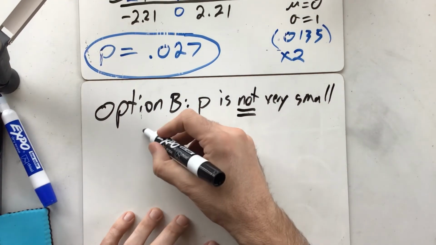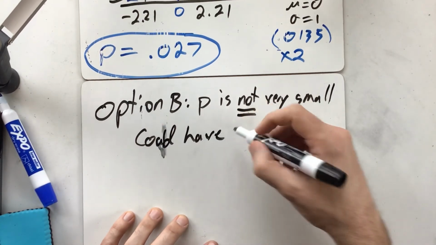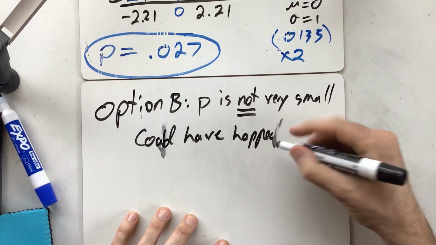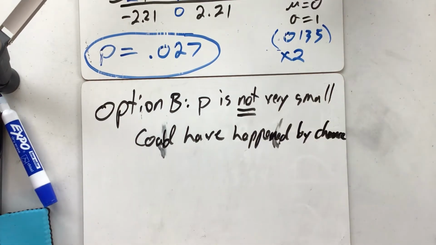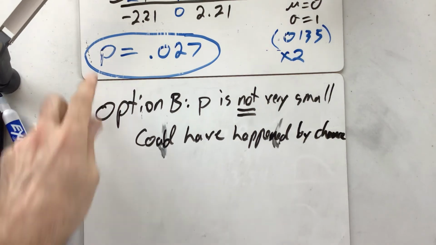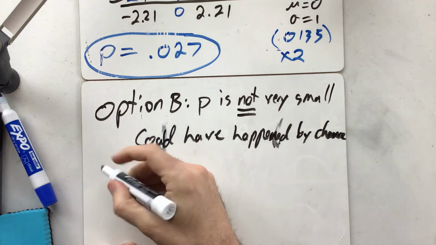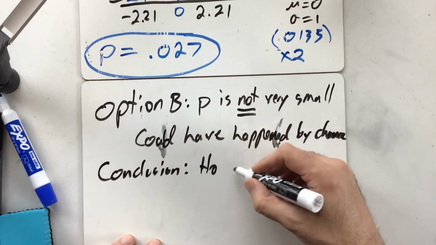And if P is not very small, then that means we could have gotten this by chance. So if P is not a really small number, so suppose P was like 50%, then you might go, oh, okay, there's a 50% chance that my drivers would have been going that speed anyway if they were all traveling 67. And so if that's the case, then our conclusion is that H naught is not false.